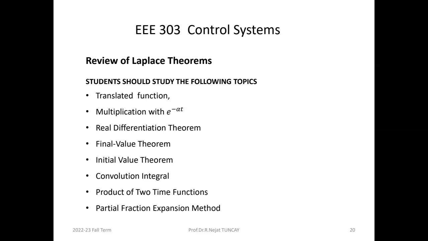Initial value, convolution, which is a multiplication of two functions, actually a product of two time functions, and partial fraction expansion method. We also worked on this one. I have picked Professor Rice's book and put it in our list, and I have put some problems here.